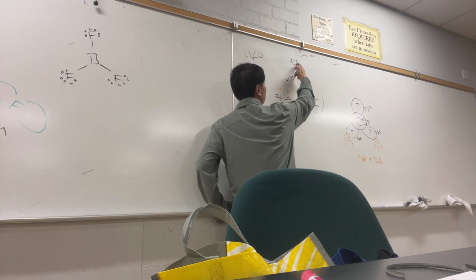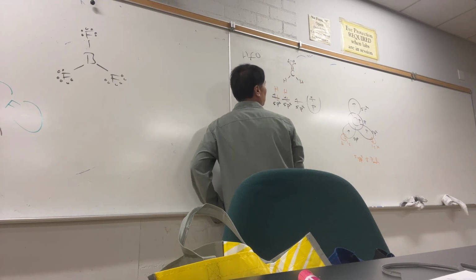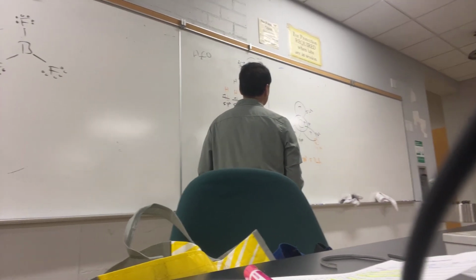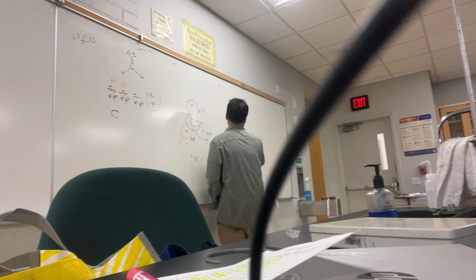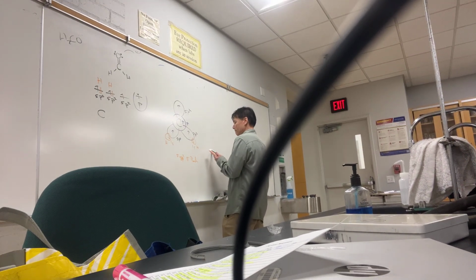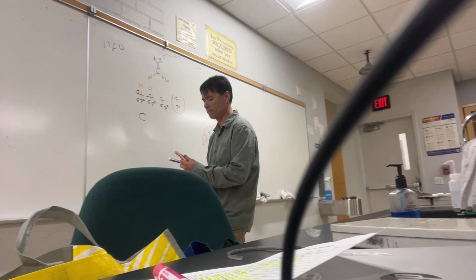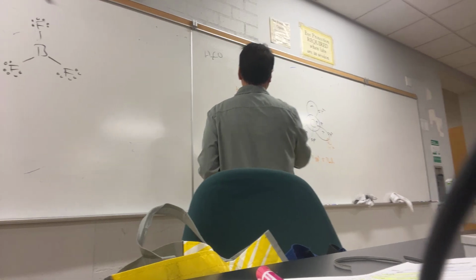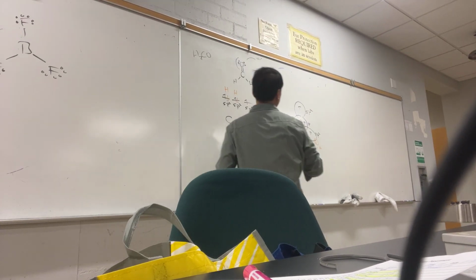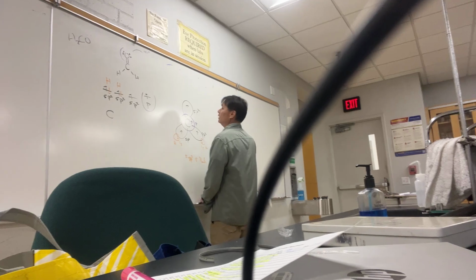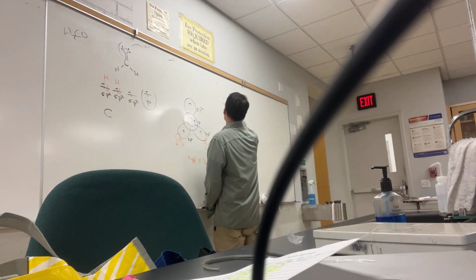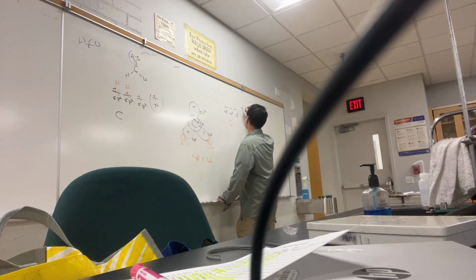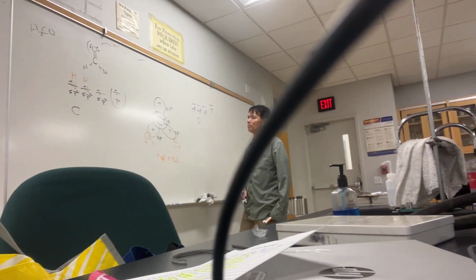So if we look at oxygen, it has 3 groups. Therefore, we're going to call it sp2 hybridized. And then it's going to have one unhybridized p. Now, how many valence electrons does oxygen have? Well, in this structure, it has 1, 2, 3, 4, 5, 6. So it has 2 lone pairs. We fill the orbitals according to the Lewis structure. So I got 2 lone pairs, and then that leaves me with 2 more electrons for a total of 6 electrons. So it's going to look like this.